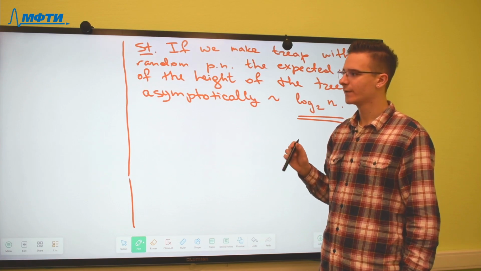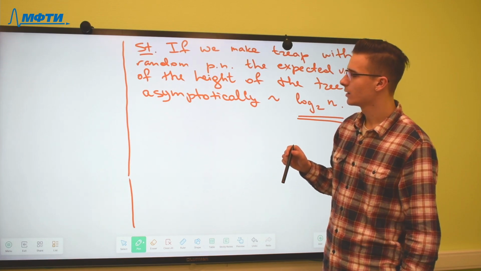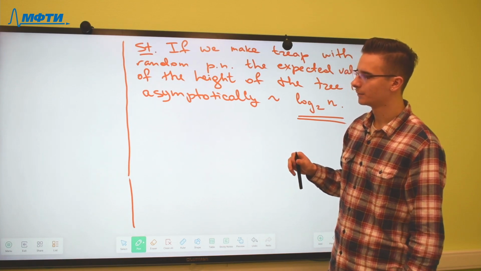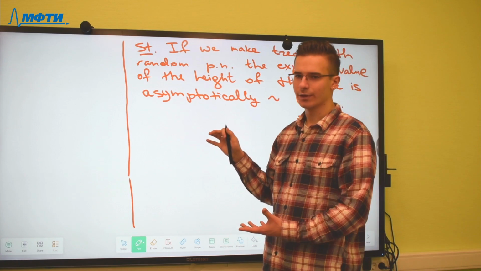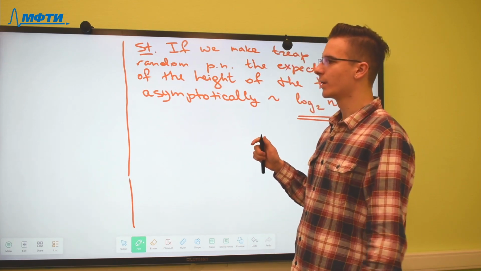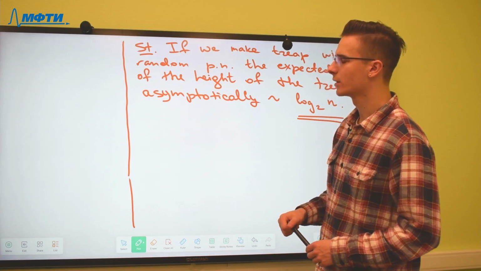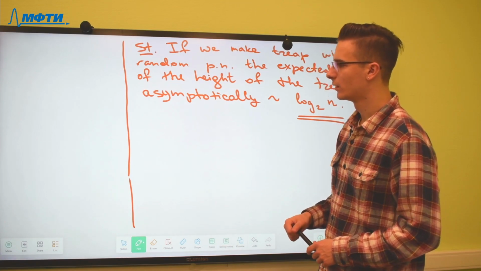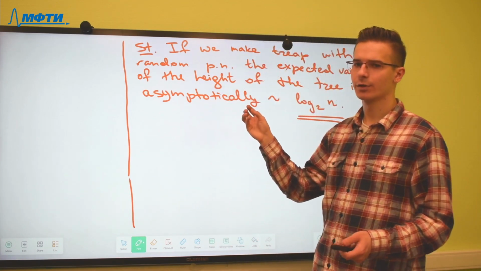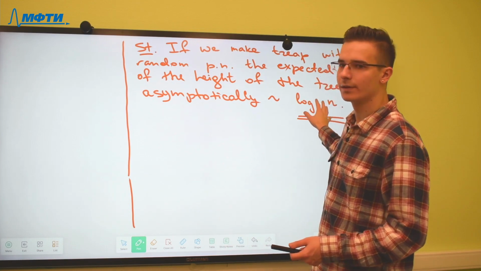So this is a very good way to make a very compact tree. Because if you make, for example, a binary search tree by the insertion algorithm, you can get a very linear structure with asymptotically n depth.